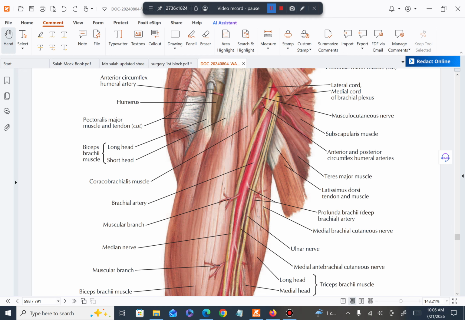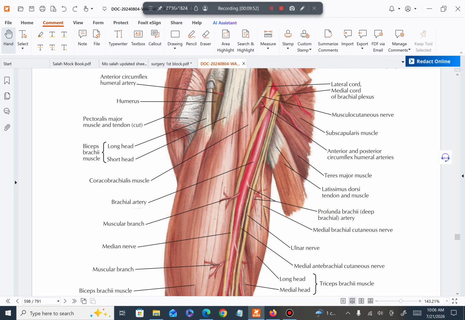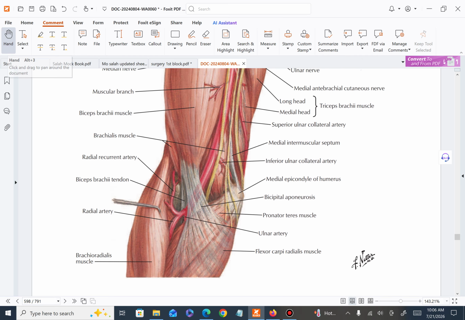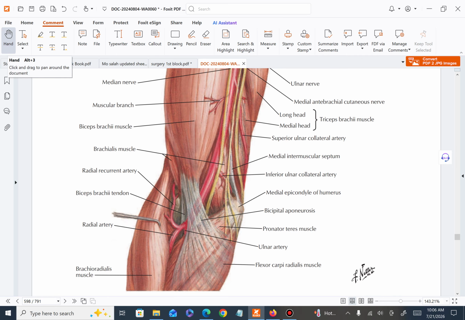Now let's talk about the brachial artery. As we mentioned before, the brachial artery is the continuation of the axillary artery at the lower border of the teres major muscle. The brachial artery is located in the arm region, and then it terminates in the cubital fossa opposite the neck of the radius.